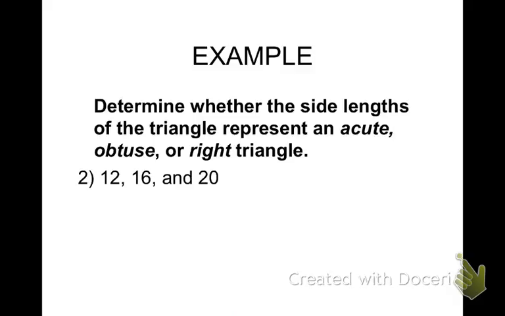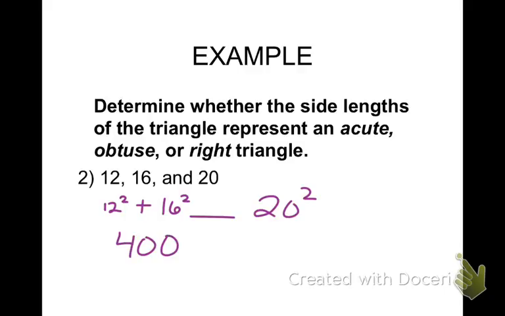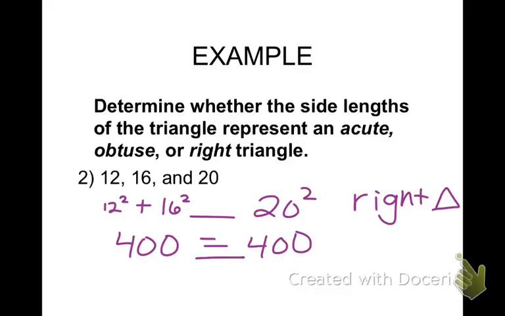Yeah, so we're going to do 12 squared plus 16 squared and compare it to 20 squared. So 12 squared plus 16 squared is 400. What's 20 squared? 400. So they are equal, so that means it's going to be a right triangle.